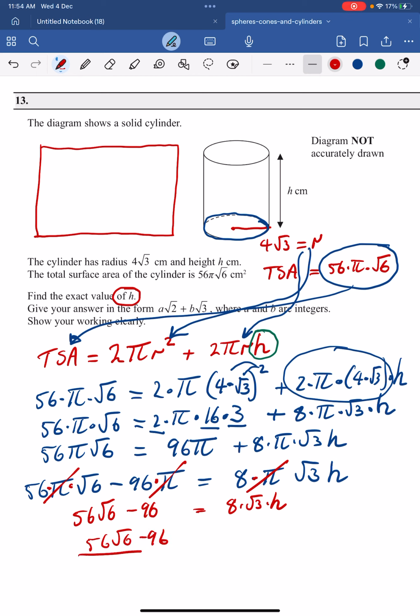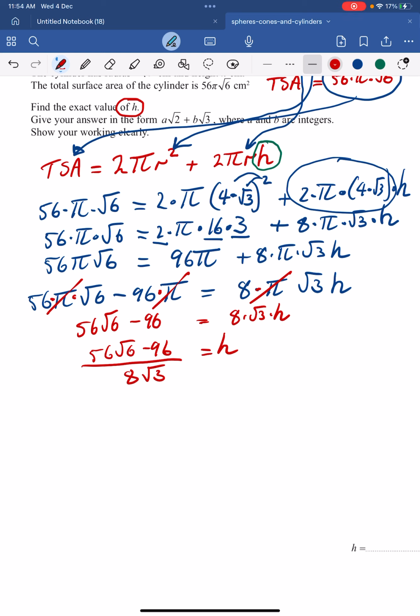That's equal to h. Now I'm going to do something called factorizing. So look at the top row, the numerator. We're looking for the highest common factor of 56 and 96. I think 8 will go into both those numbers, so I'm going to factor out an 8.